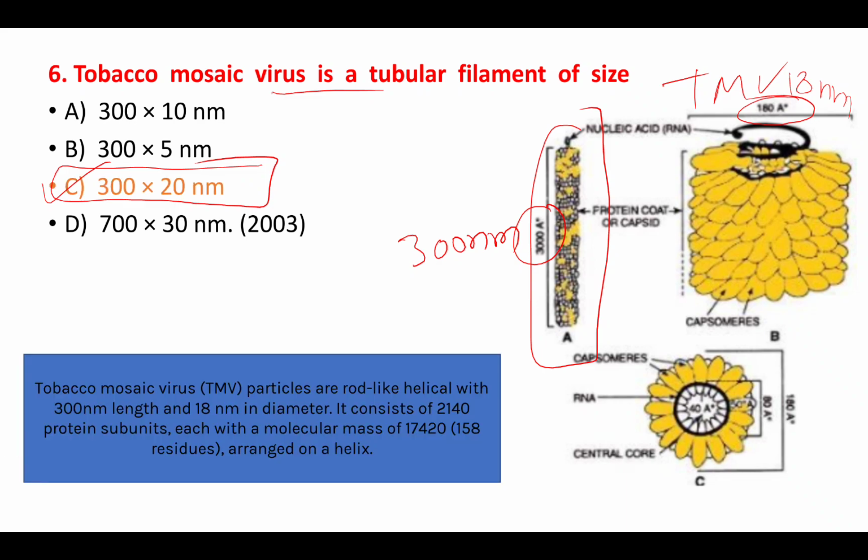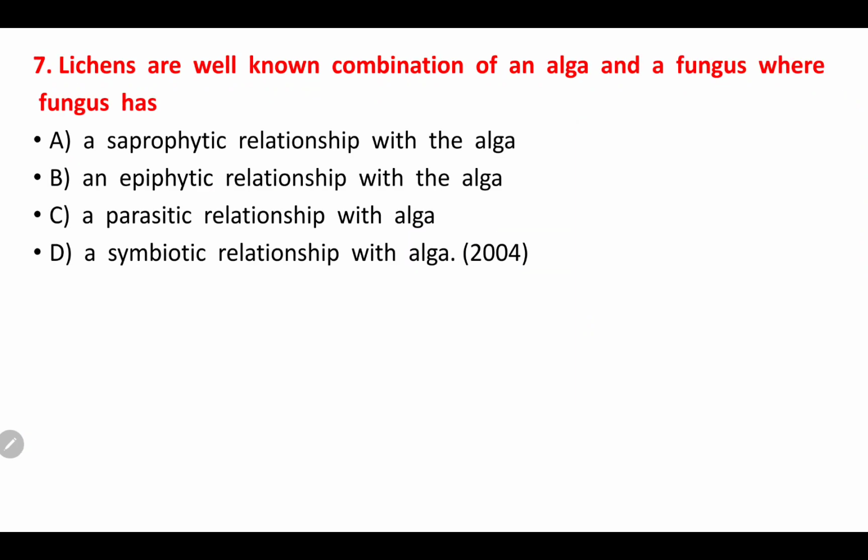It consists of nearly 2140 protein subunits and each with a molecular mass of 17,420. That is 158 residues which are arranged on a helix.